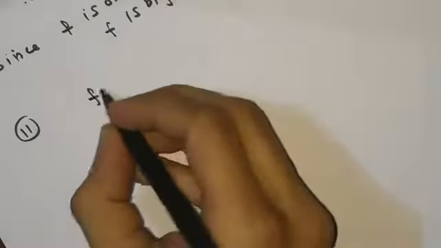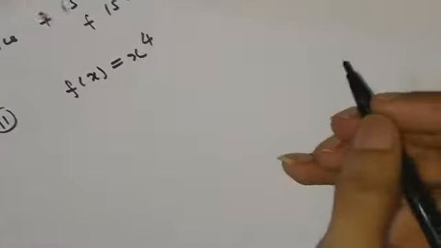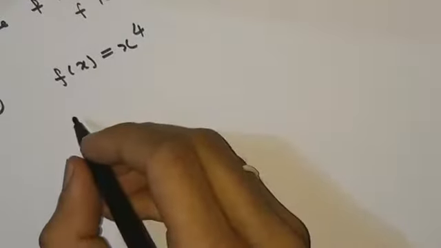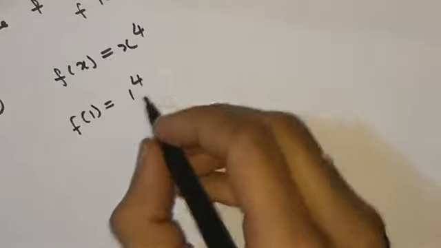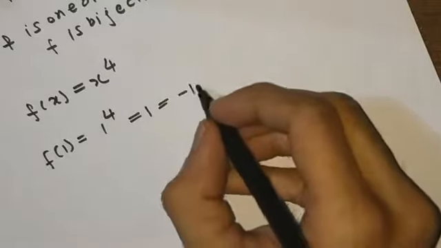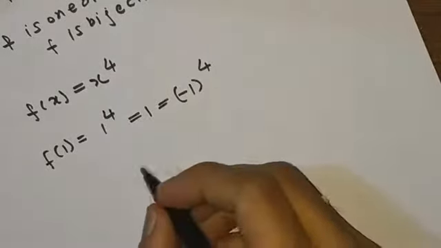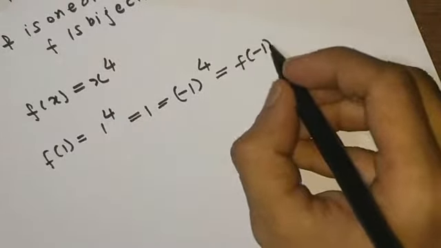So you can see that the function which is given in problem 11 is f(x) = x^4. Now since f(1) = 1^4 = 1, which is equal to (-1)^4, which is equal to f(-1).